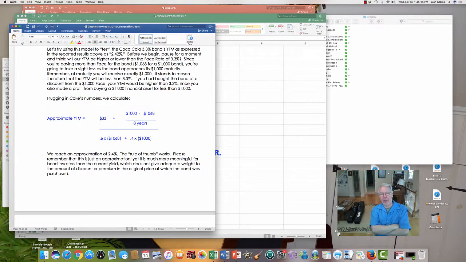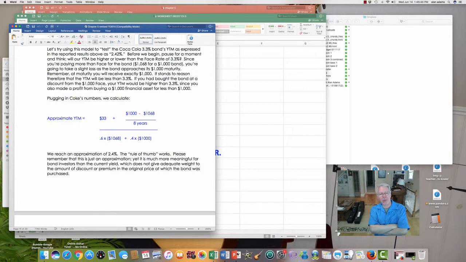The numerator for that fraction is $1,000, the face value of the bond, how much you'll get at maturity, minus how much you pay for it now. Sometimes more than 1,000, sometimes less than 1,000. In this case, it's more. We take that difference and divide it by the amount of time remaining until maturity. At the time of this writing at least, it was 8 years. Add all that together, and that gives you the numerator of the overall equation.